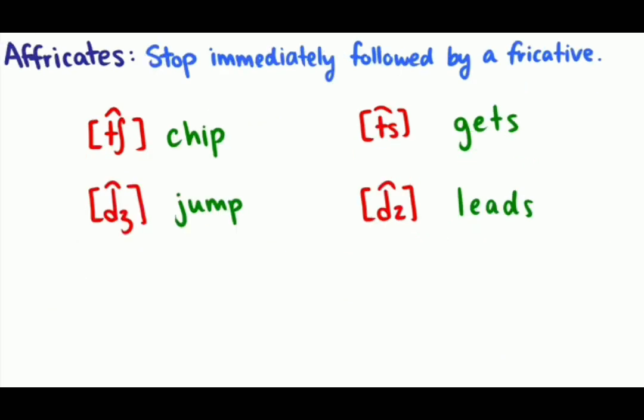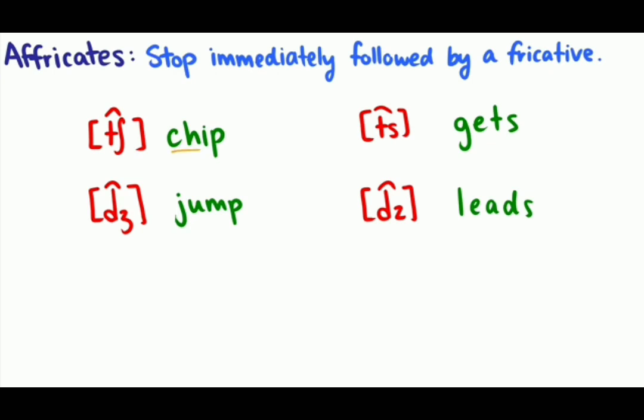Affricates are a combination of a stop and a fricative. They're articulated so that the two occur at the same time, and usually with an affricate, the two sounds have to be very close together. English has four. We have ch as in "chip." We have j as in "jump."